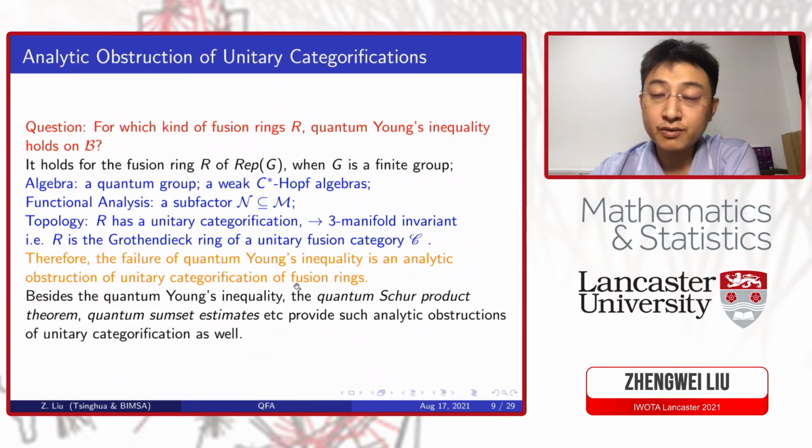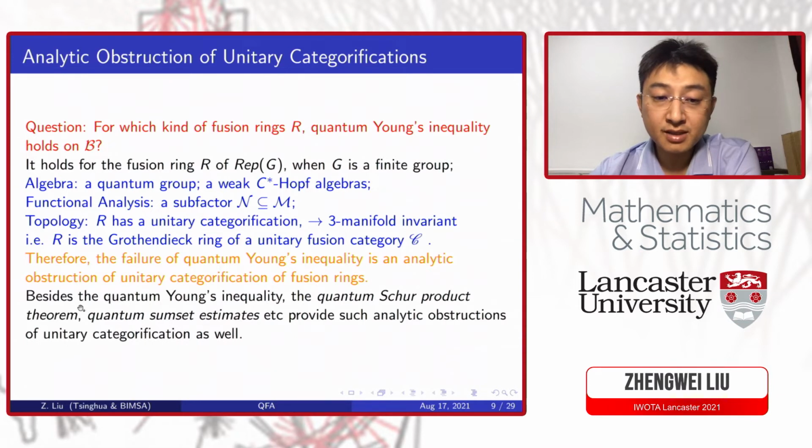This is actually very important because to show the categorification of the fusion ring, it usually requires solving a lot of equations called pentagon equations with a lot of variables. But here we have a very good analytic obstruction to solve the categorification problem.